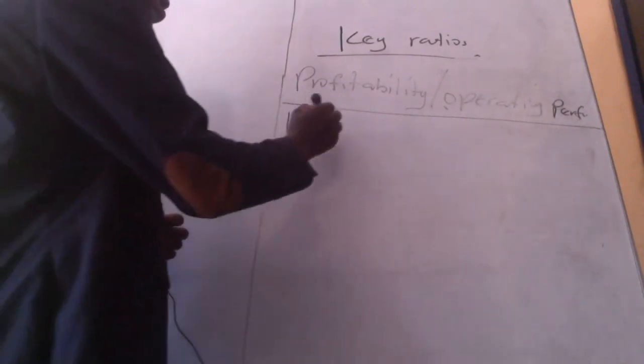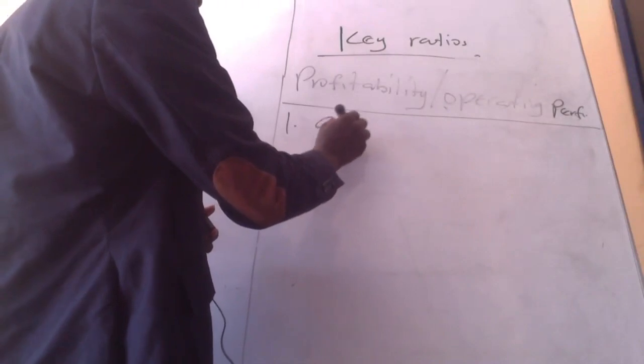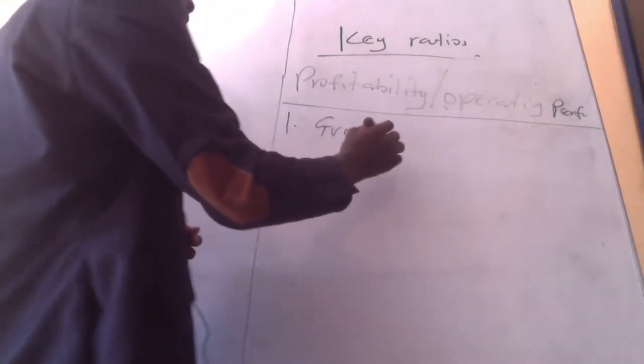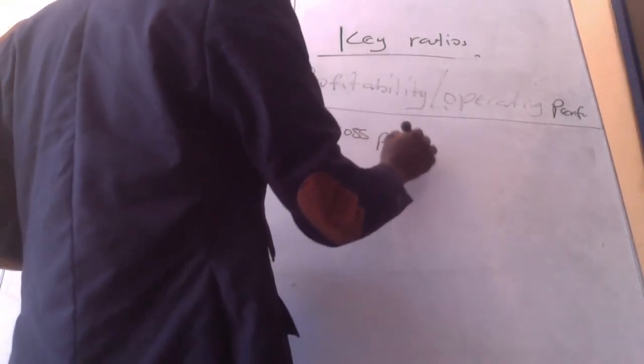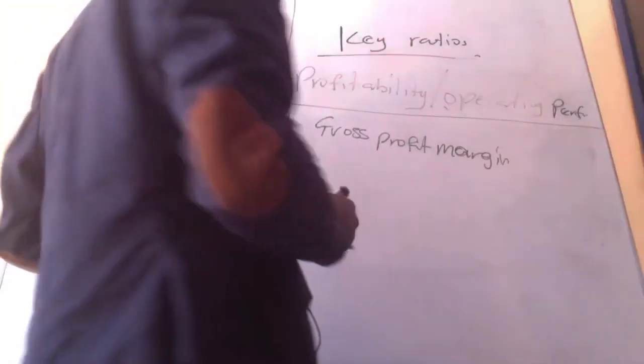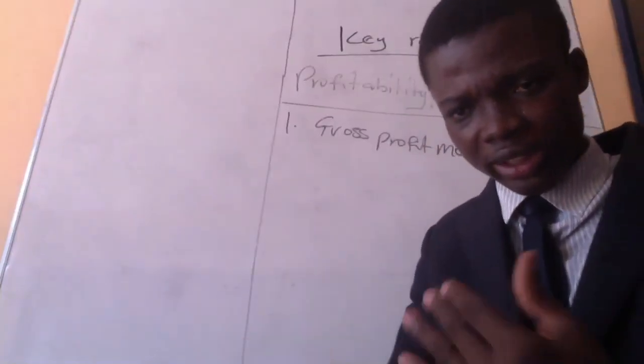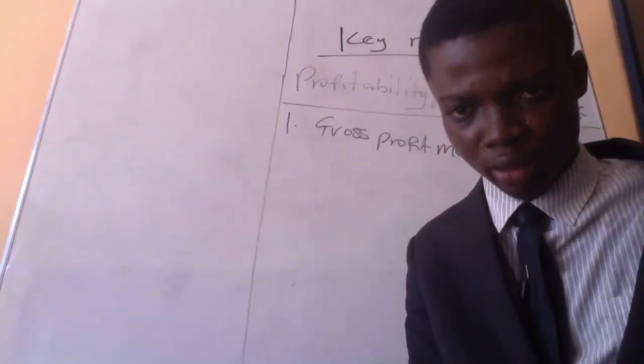So now let's see the very first one that we can talk about. 1, we can talk about the margins, and the 3 margins. We have the gross profit margin. So this ratio analyzes your ability to generate direct profit before your operating cost.